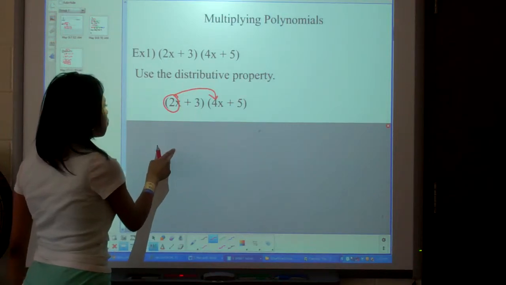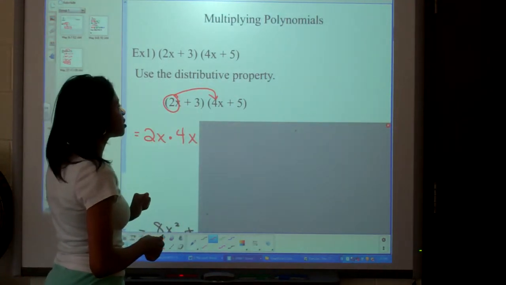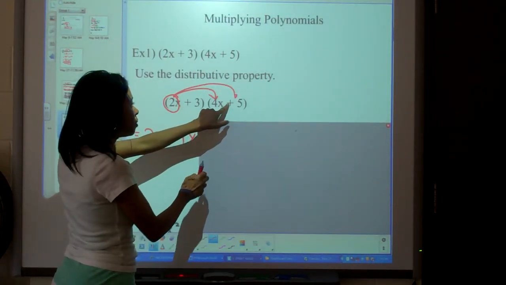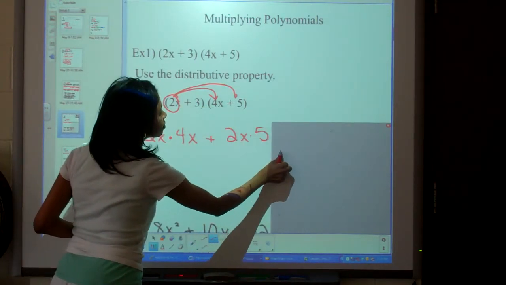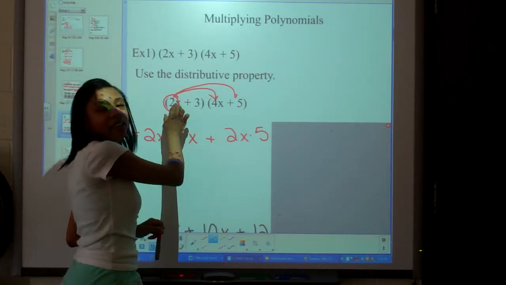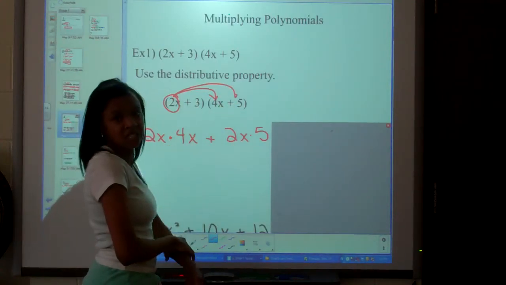So 2x times 4x is going to be here. And then this 2x needs to be shared with the 5, so it's going to be plus 2x times 5 right there. Has 2x been shared or distributed to everything in the second parentheses? It has.